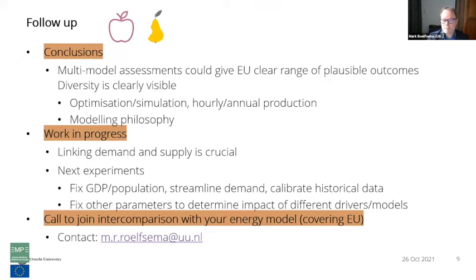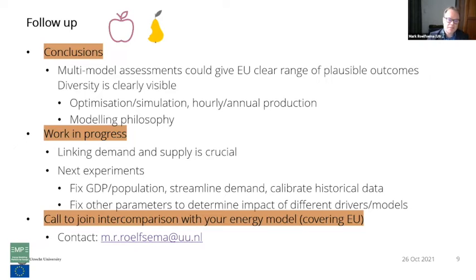Especially on these plausible outcomes, we need to do more investigations in fixed and in-depth experiments. But the differences come from whether it is an optimization model or simulation model, hourly or annual production, especially electricity, but also the modeling philosophy, like Calliope could become almost 100% renewable by definition.